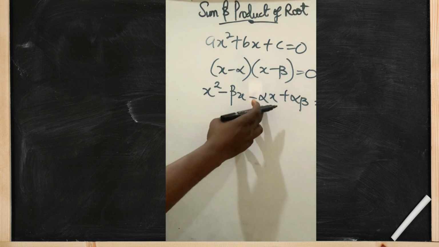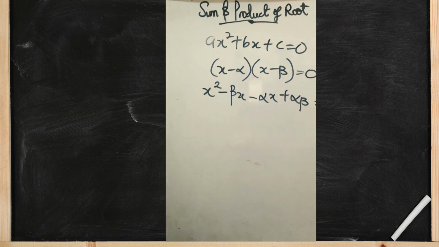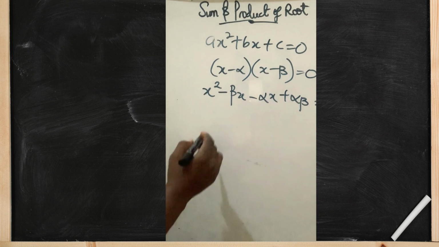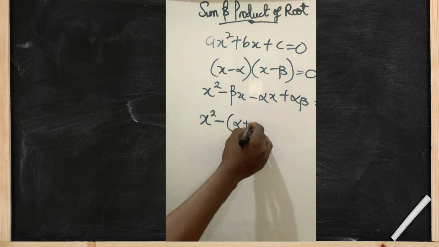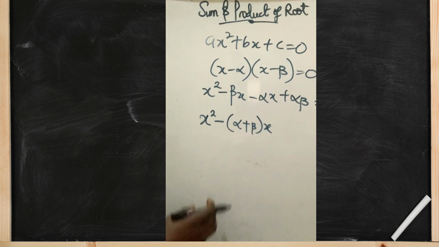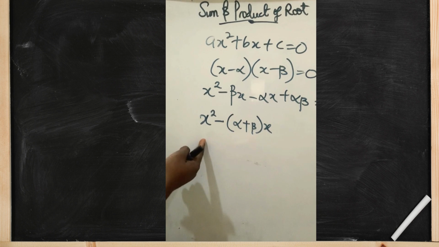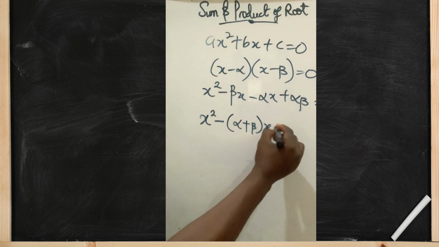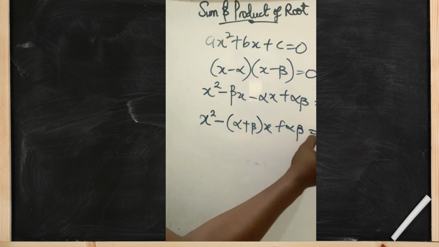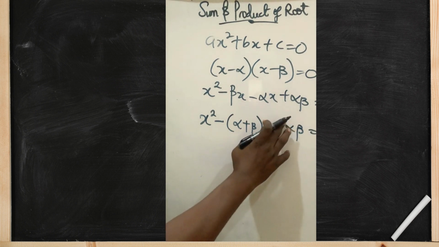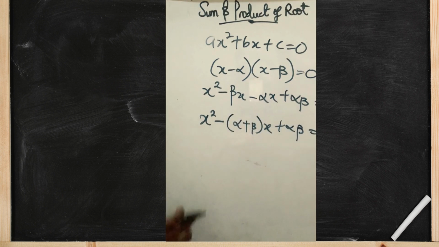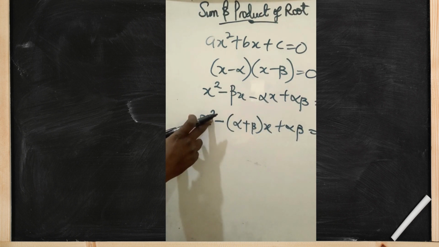By the time you factorize out the x from this end, you're going to have x squared minus alpha plus beta x, because this minus and minus you're factorizing out with this x, making minus x, then plus alpha beta equals 0. So you remember that this is now in the form of a perfect square because of this x squared that we are having here.